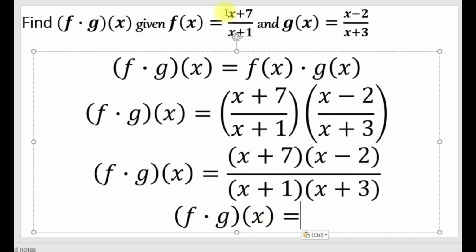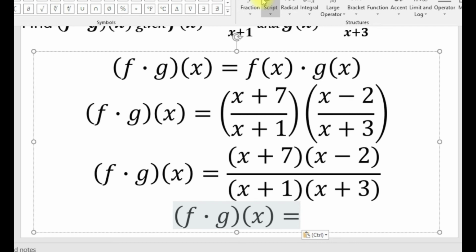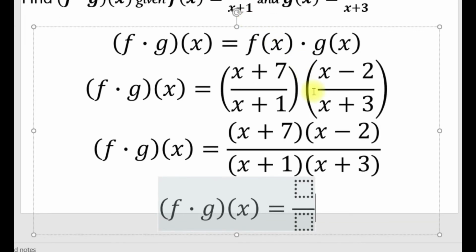The next step is simplifying the numerator and then the denominator.